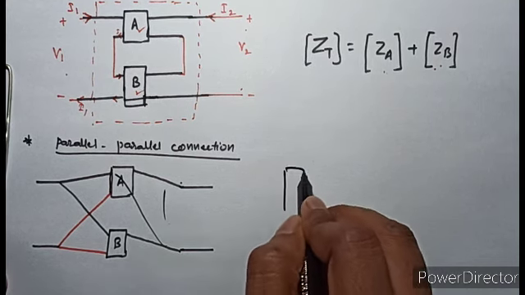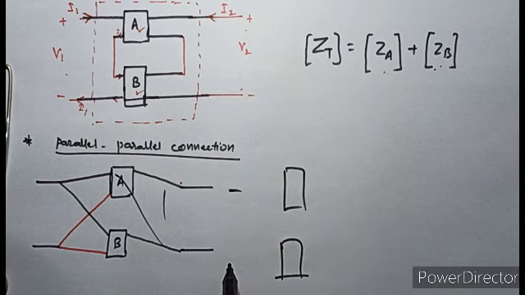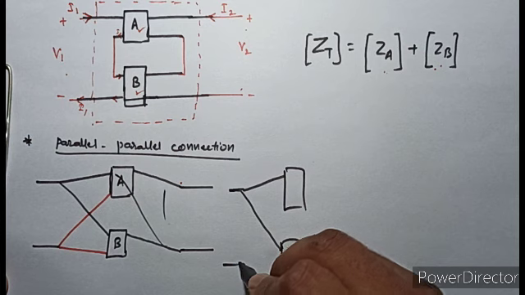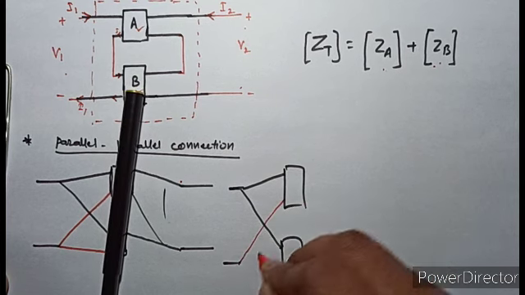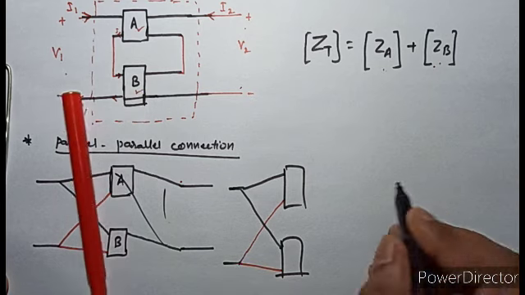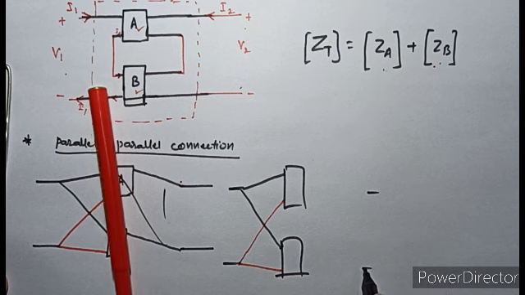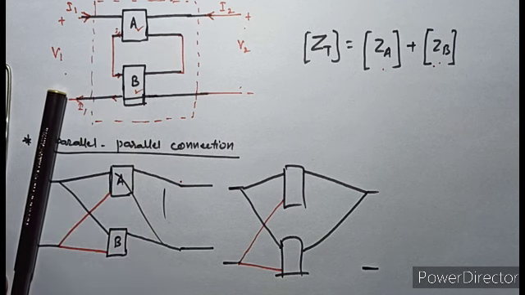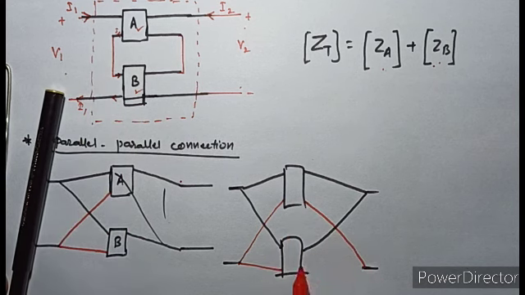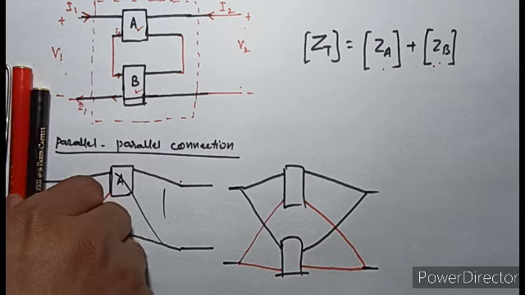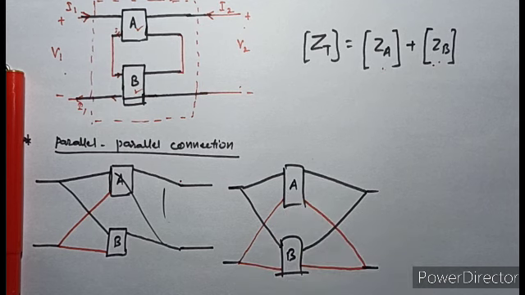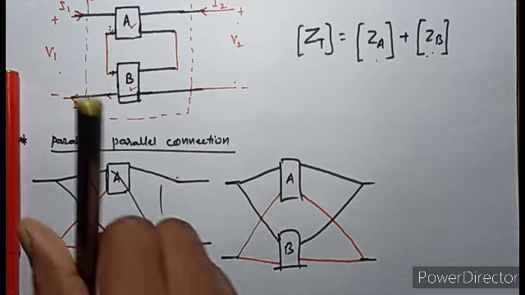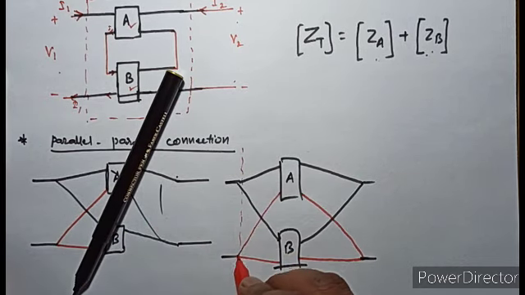Let's redraw it. When two-port networks are connected like this, and this, similarly in output port, then this type of arrangement or this type of connection is called the parallel connection.